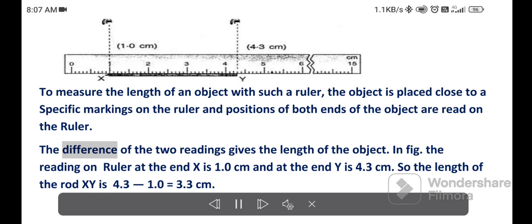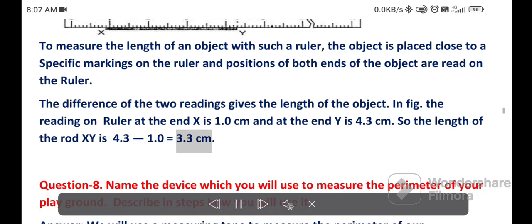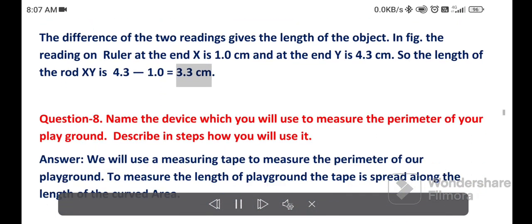The difference of the two readings gives the length of the object. In the figure, the reading on the ruler at the end X is 1.0 cm and at the end Y is 4.3 cm. So the length of the rod XY is 4.3 minus 1.0 is equal to 3.3 centimeters.